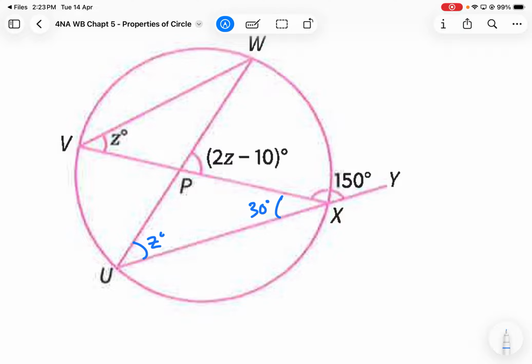So if I know this, it is as good as knowing this. This side is 2Z minus 10, my angle here, this one will be 180 minus 2Z minus 10. Because this plus this is 180. So this angle is 180 minus whatever is here.